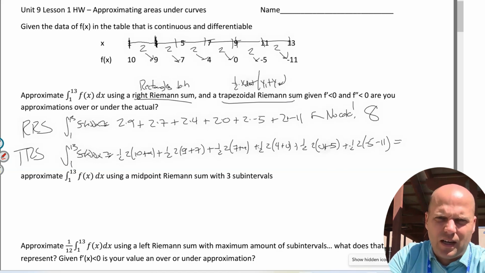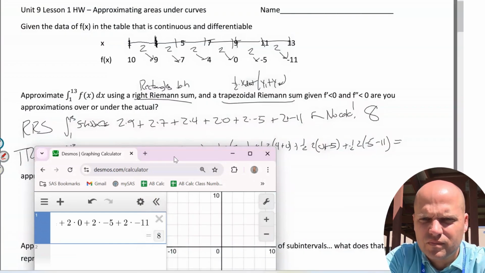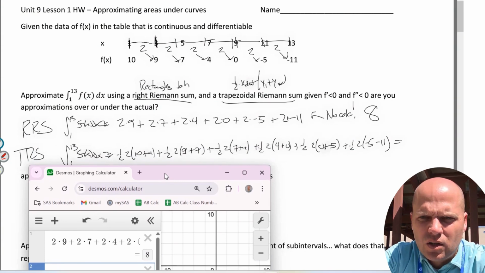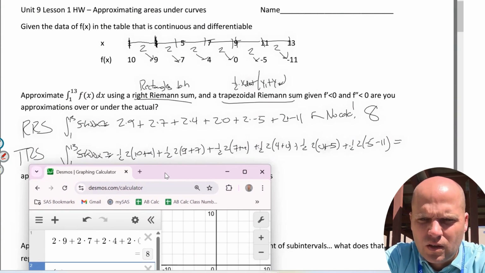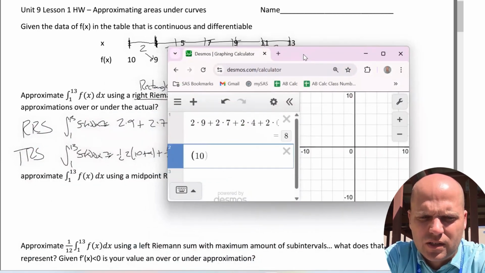Okay, I'll get those values. Since it's a 1/2 times 2, I can just sum up the heights.